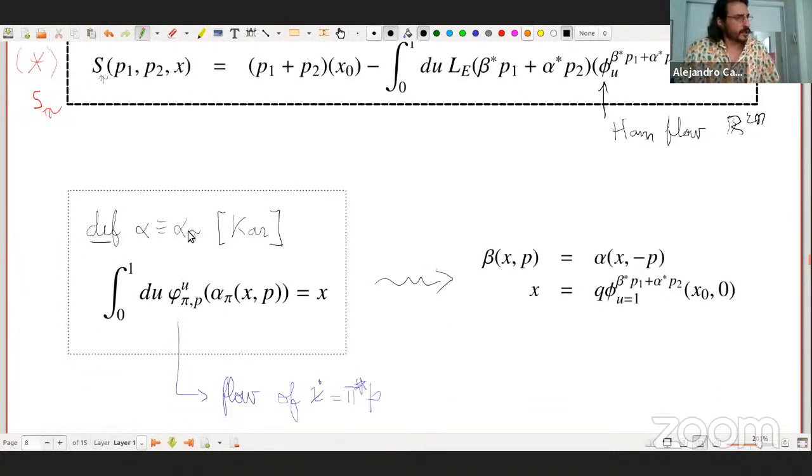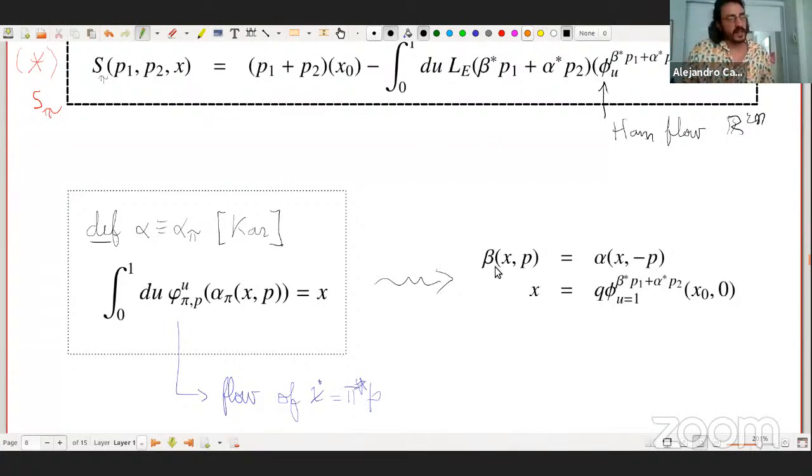This is the source map or symplectic realization map that Karasev introduced, defined implicitly by this condition. So by using the implicit function theorem, you show that this actually defines a smooth function alpha pi. And this phi here, which is different from this one, is exactly the flow that I mentioned in the beginning, which turns infinitesimal arrows into finite arrows. So this is what appears here.